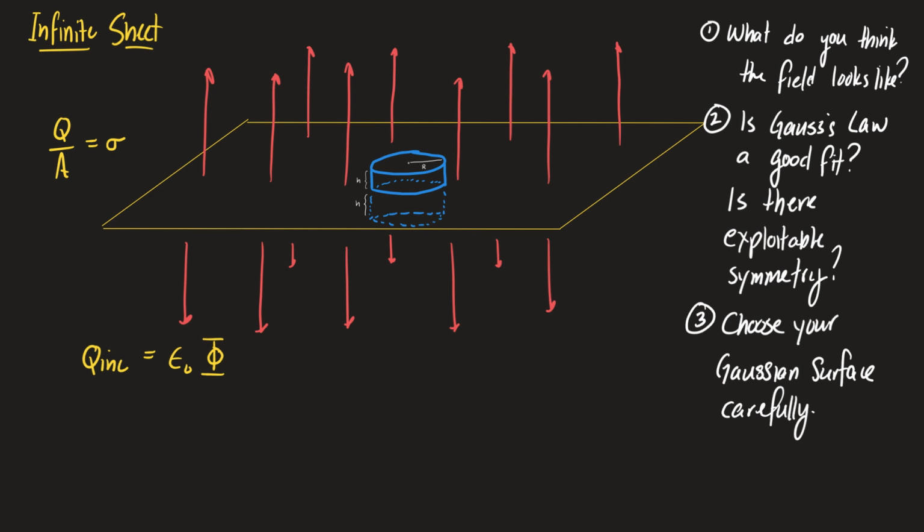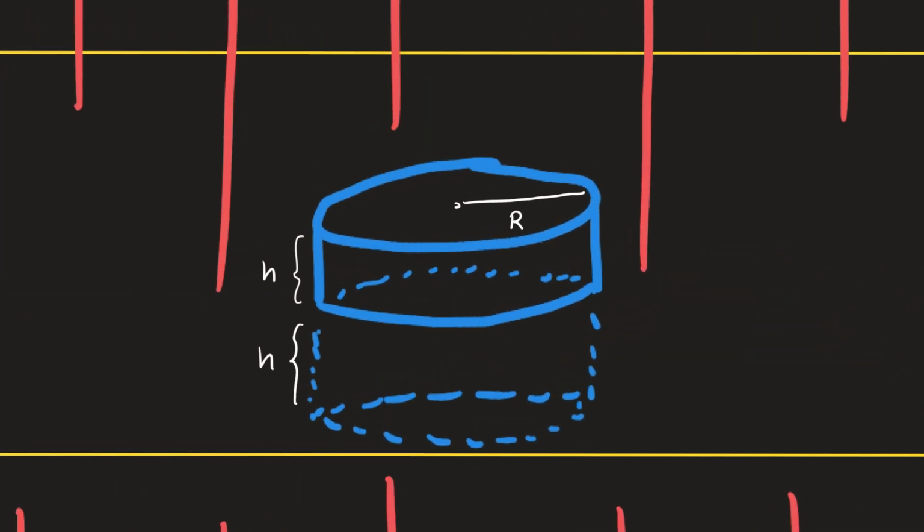Q enclosed has to be the amount of charge that you have trapped inside your surface. We have trapped a disk of charge inside our surface. That disk of charge is right here. This is the disk of charge that we have trapped inside the surface, and that disk of charge has the same area as the top and bottom of the cylinder. Now, by the way, is there anybody in here who realizes we didn't have to use a cylinder?